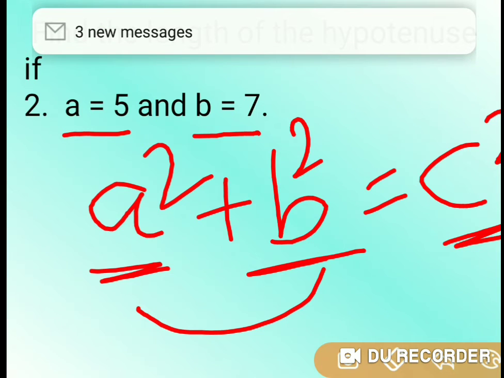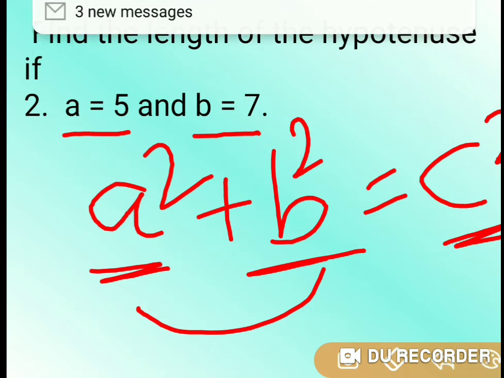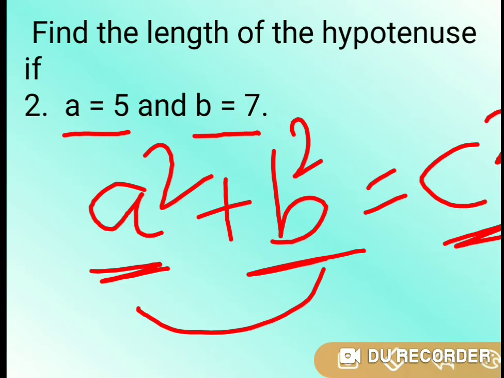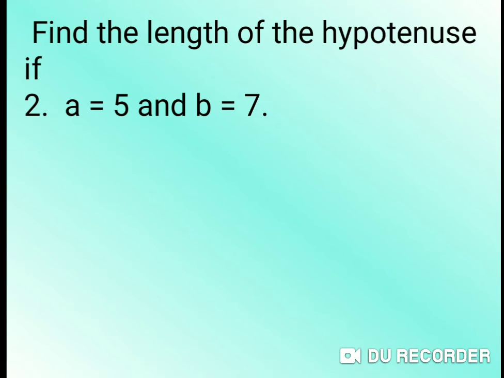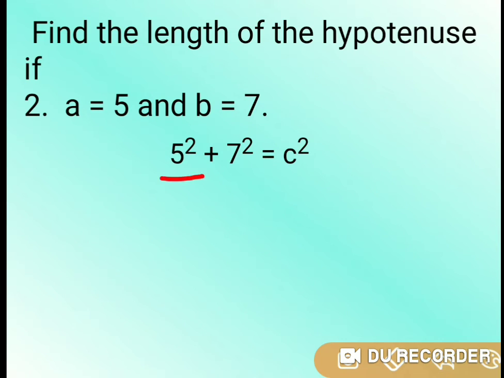Now we will use this theorem to find the length of the hypotenuse, that is c. So we will substitute a square: 5 square, because a is 5, so I'll take a square as 5 square here.